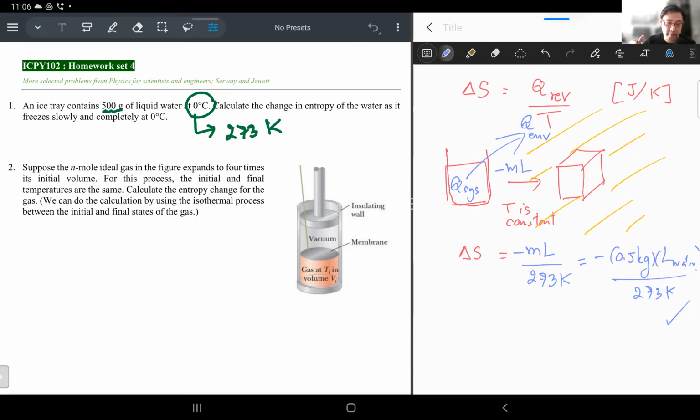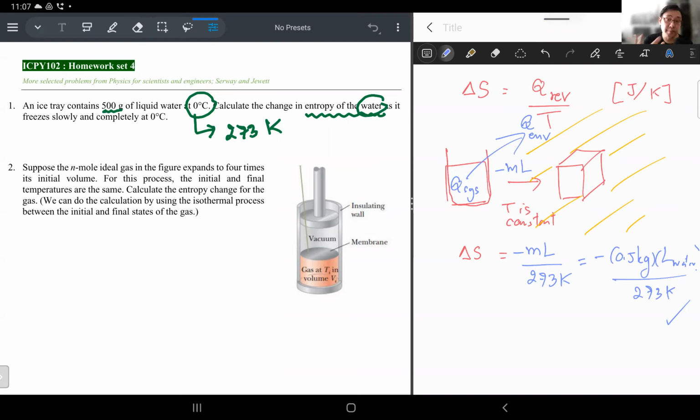Okay, got that one? All right, so for this particular one, they just want to calculate the entropy of water, just of water. So that's why it's negative, because it turns into solid, so it's smaller entropy. Yeah, okay, that's a question. Is the environment cooler than the water? It depends.